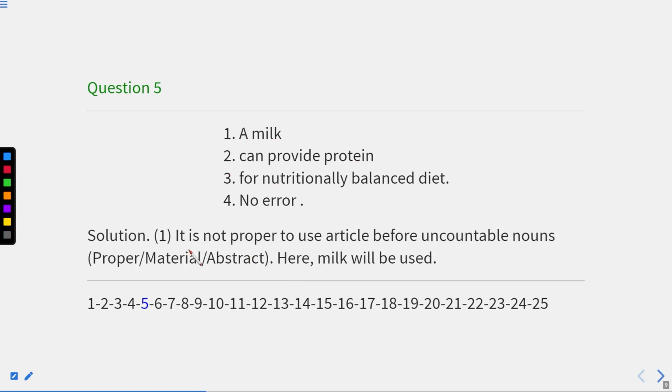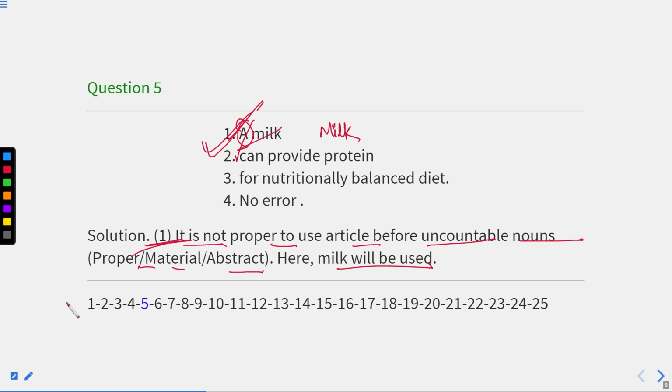If we see the solution, it is not proper to use an article before uncountable nouns. Proper, material, abstract nouns: here milk will be used, not a milk. So this a will be removed. So the correct sentence will be, milk can provide protein for nutritionally balanced diet. So this will be the correct sentence, and the error is in part 1. Okay, so the answer is 1.